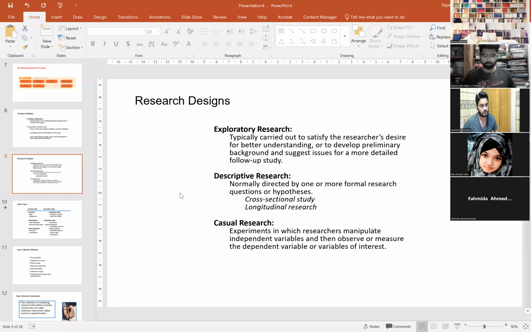Where's my pen? Sorry. Can I touch? Sorry, I'm just trying to make it a bit more interactive. Draw. Yes. So I wanted to just probably highlight, sorry.